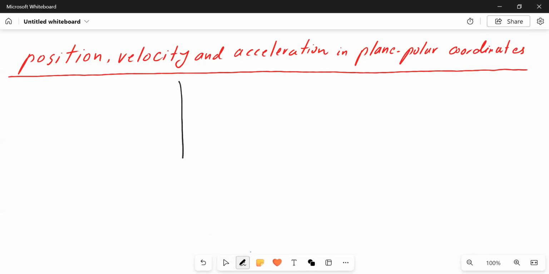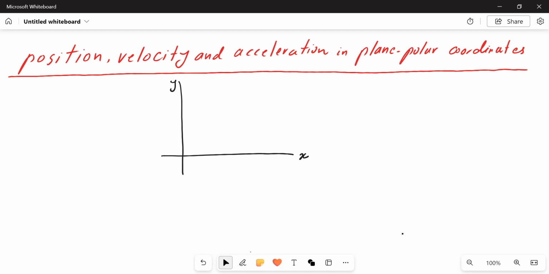So we would start with the familiar Cartesian system of coordinates. I should mention that plane polar coordinates are used to describe points on a two-dimensional surface. It is not a three-dimensional set of coordinates.